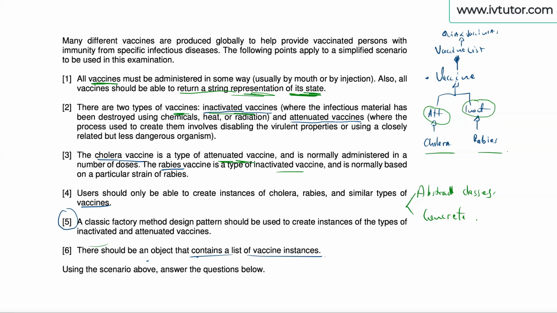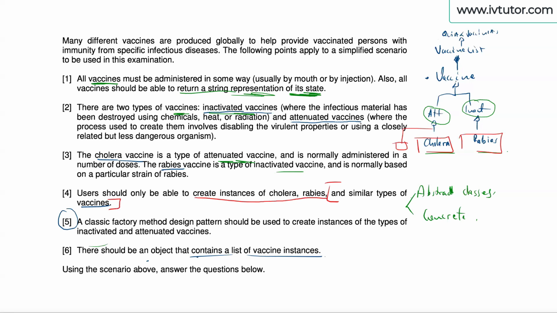And the other thing also, talking about abstract classes, the question also sort of guided you, like these are the instances that you actually create. And similar types simply means if there are, in this case, there are no other types of vaccines, but you can only make instances of cholera and rabies. But if there are other types, then this application can be extended.